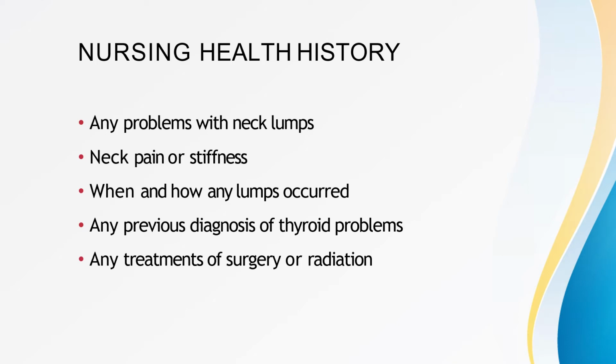We would want to know the level of pain by asking for a range from 0 to 10, and when and how any lumps have occurred. Ask also for any previous history of thyroid problems, be it hyperthyroidism, or an increase in the levels of the thyroid hormones, or hypothyroidism, or a decrease in the levels of the thyroid hormones. Ask also if there are any treatments, surgery, or radiation involving the neck structures.